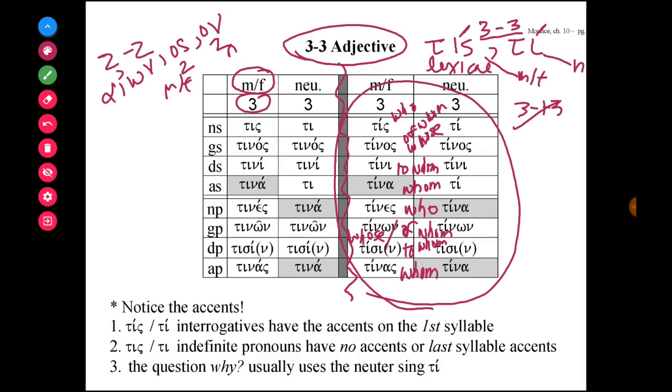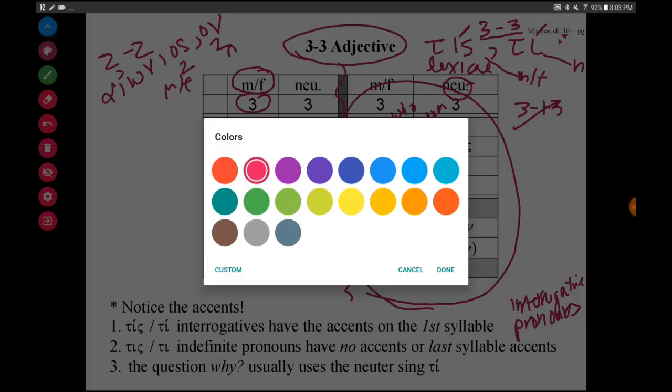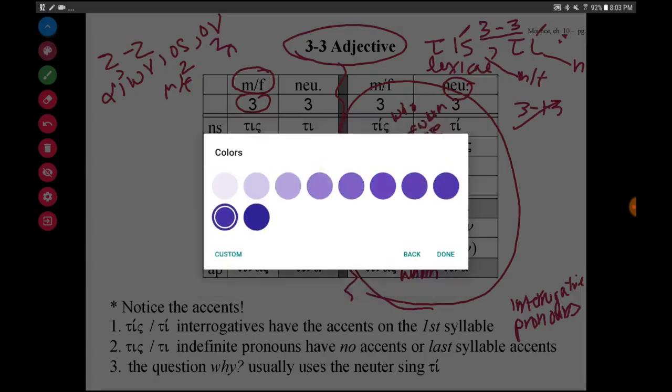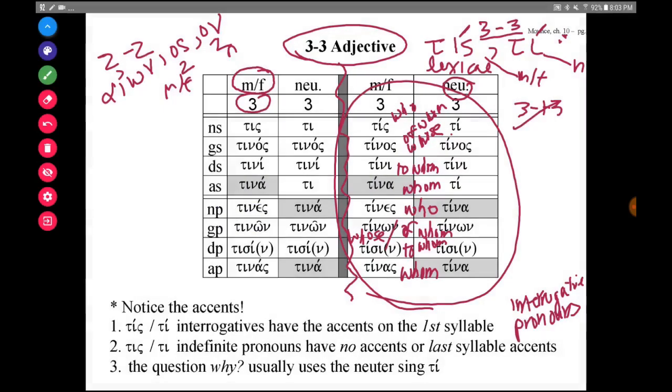So these are what we call interrogative, two R's, interrogative pronouns. And here, because it's a neuter, we wouldn't translate this as who, but instead we're going to translate this as what. So these interrogatives are what.